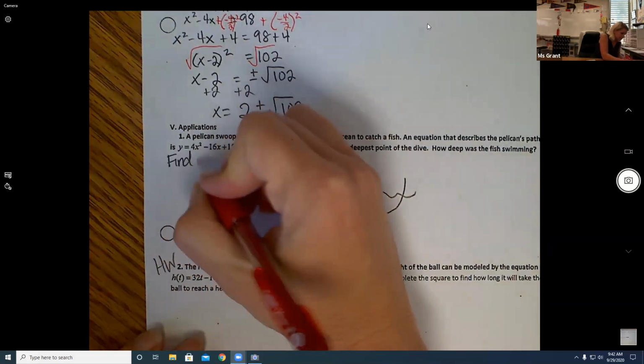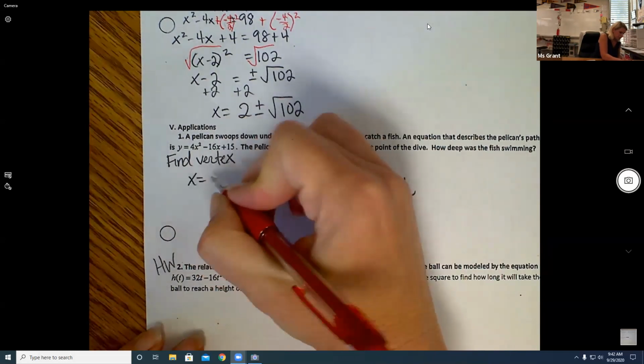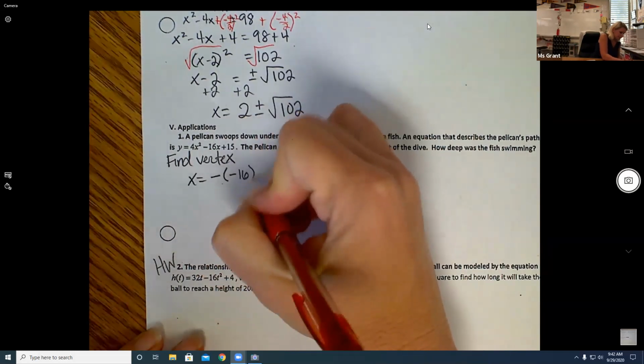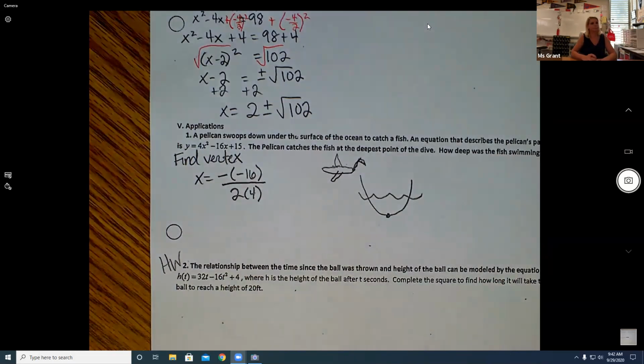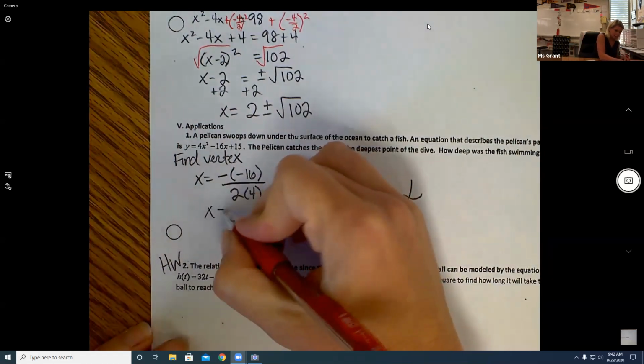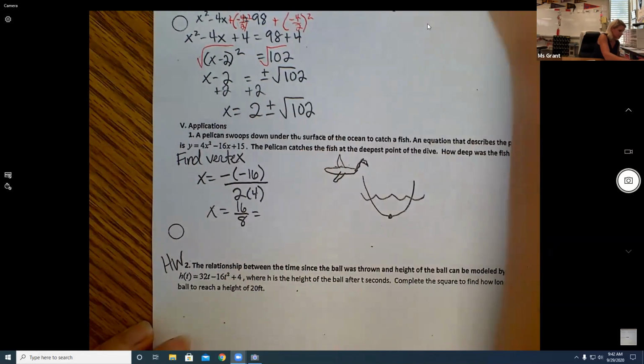So here we go. Find the vertex. x equals negative b over 2a. So x equals 16 over 8, which is 2.